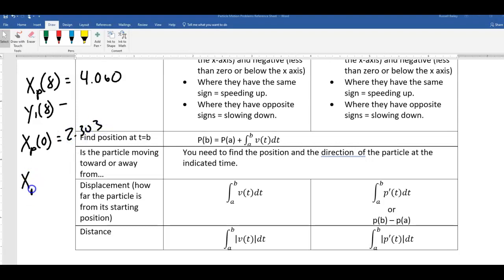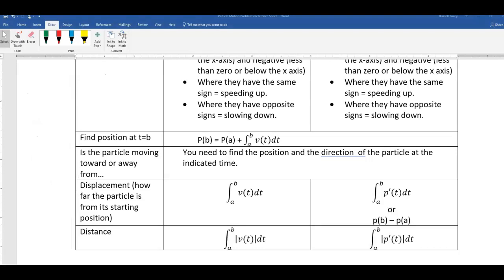So if I took those two values and subtracted them, I would end up with roughly 1.758 as the displacement. Okay, and all that basically tells you how far the ending position is from the starting position. And since it's positive, that means the ending position is to the right of the starting position that much.